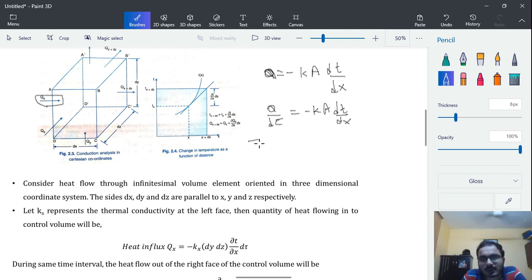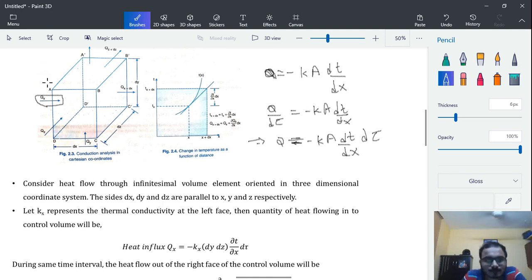That is, we can write q is equal to minus ka dT by dx into d tau, because now this is not the time rate of heat, it is only heat. So instead of k we have written kx, and area is dy dz.